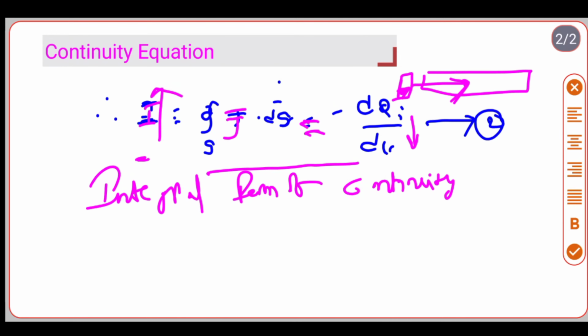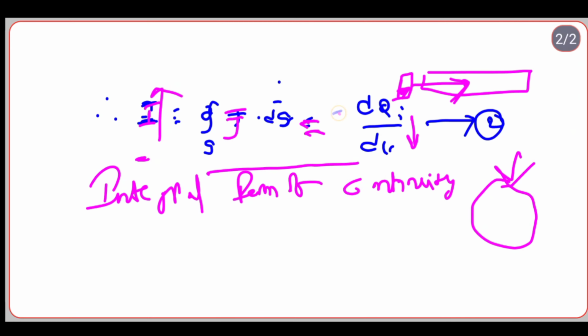If the current is entering the closed surface, then we have to indicate it with a positive sign.